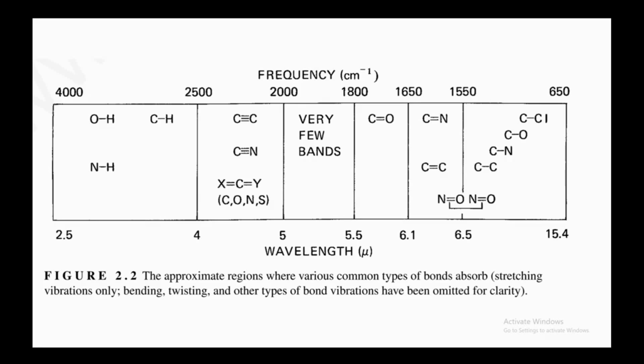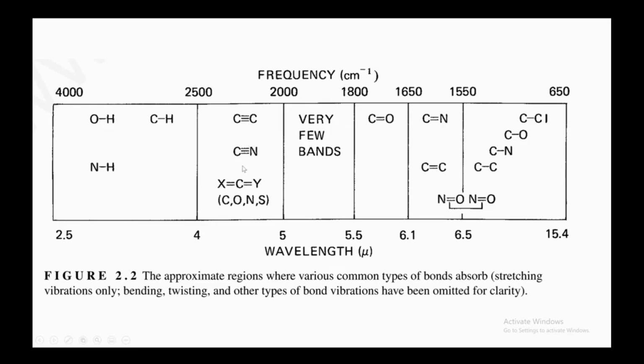We will discuss the factors affecting IR spectroscopy later on in the next video maybe, but I'm explaining to you in this video how you can use these simple identification tips to understand IR spectroscopy.